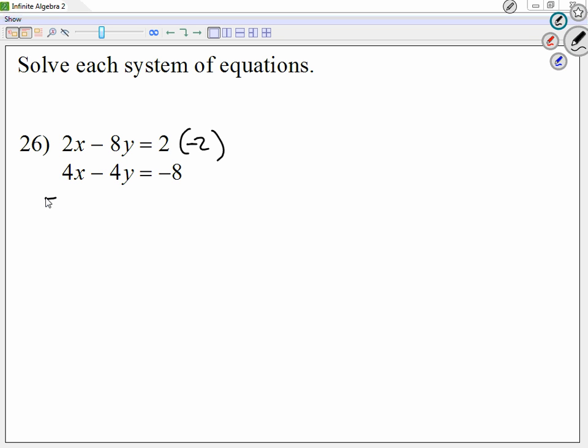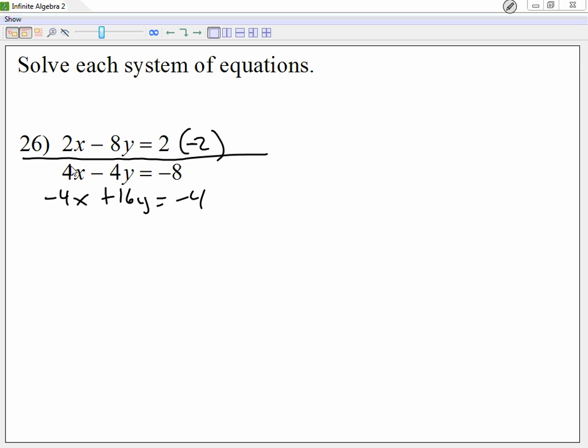So I'm going to have negative 4x plus 16y equals negative 4. Once again, I multiplied everything by negative 2 because I wanted the x's to be opposite from each other, so they go away. On the y's, negative 4, positive 16, that's 12y. And the negative 8, negative 4, that's negative 12. So y is negative 1, right? Divide both sides by 12, y is negative 1.